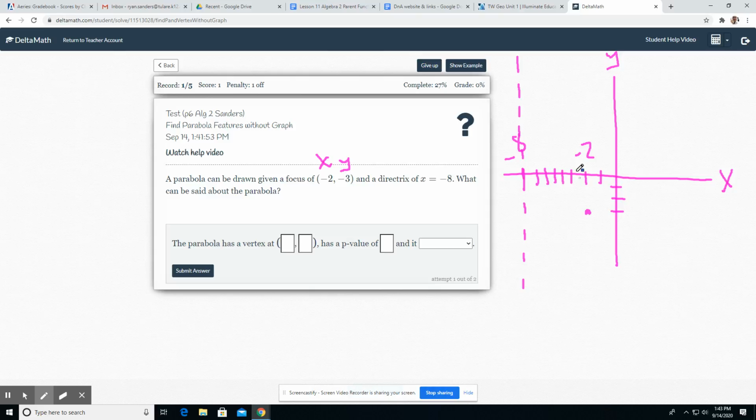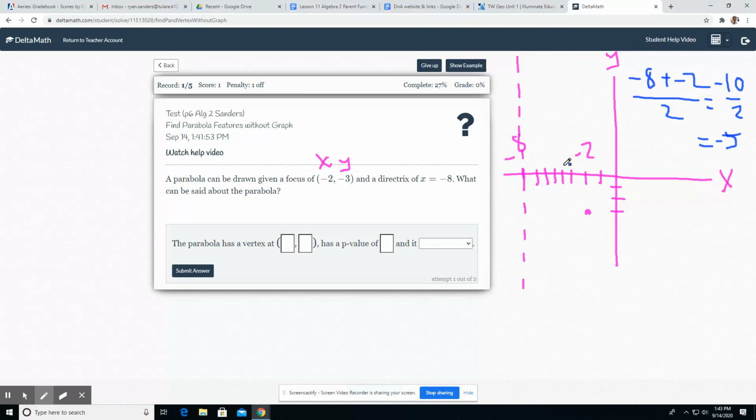So let's see. Let's go ahead and attack it using some math here. So let's find out where it hits on the x-axis, or where the vertex is. So the vertex on the x-axis is the average of those values. So -8 plus -2, divided by 2. So that's -10 over 2, which is equal to -5.